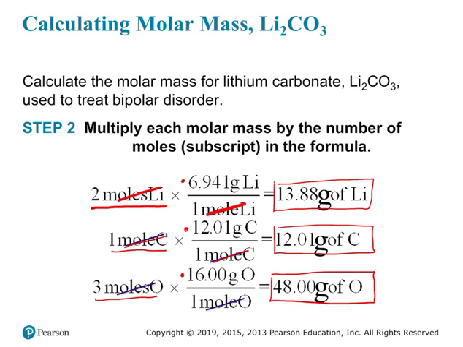So now we know how much mass each element is contributing to the overall mass of lithium carbonate. So the last step, we're going to take the sum of these masses.